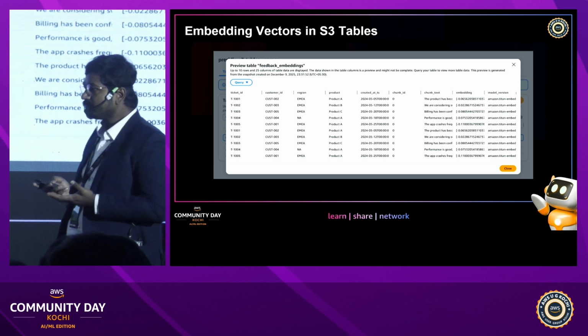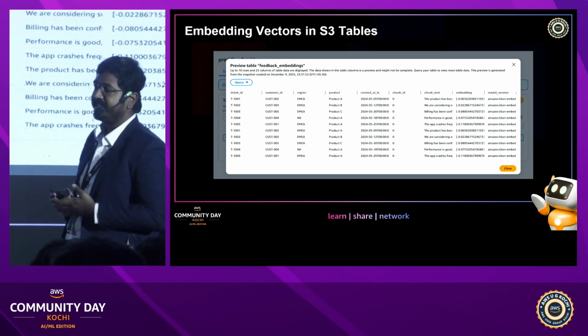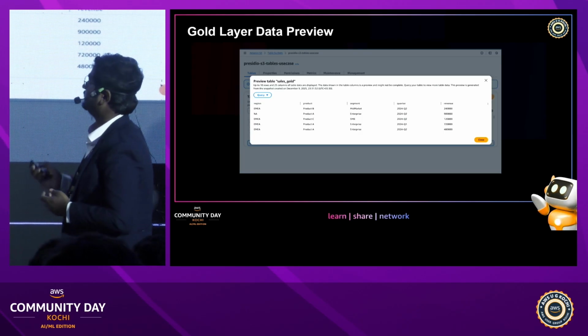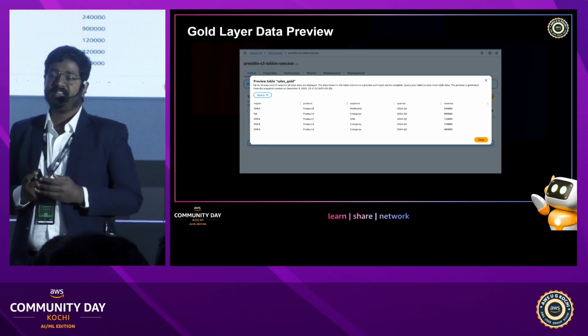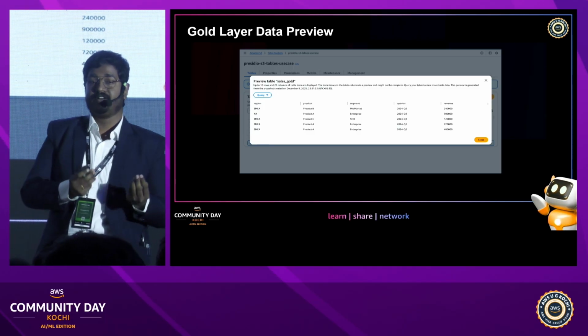The gold layer is where the data speaks the language of the business.